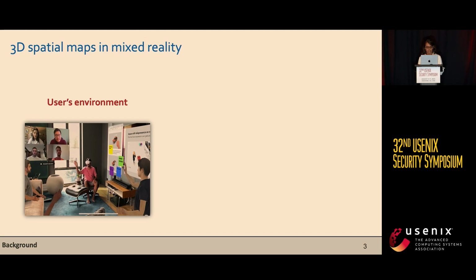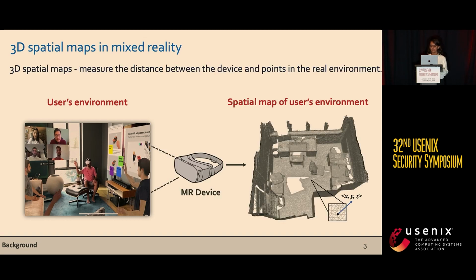In order to achieve this, commonly available mixed reality devices, both dedicated headsets and off-the-shelf smartphones, are equipped with depth sensors like time-of-flight sensors or LiDAR sensors to capture a detailed 3D representation of the user's environment. This 3D representation is then used by mixed reality apps to overlay virtual content into the user's surroundings.